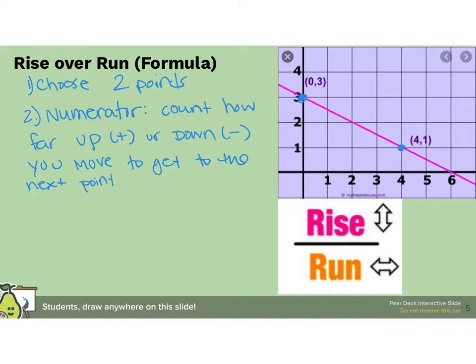So to figure out the top number of your slope, you start at one of your points and you simply count how far up or down you are moving. The numerator is for up or down.